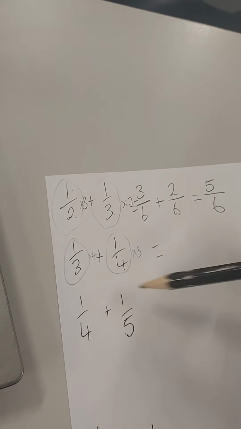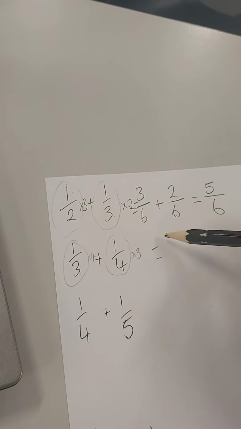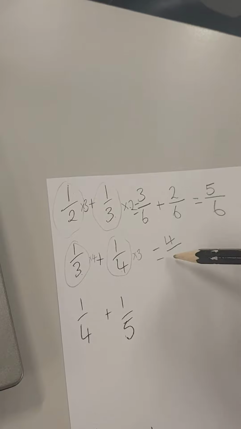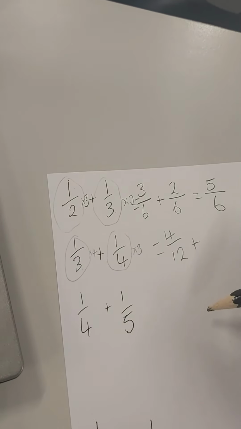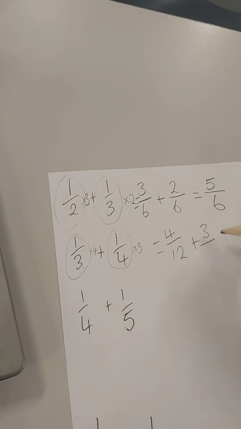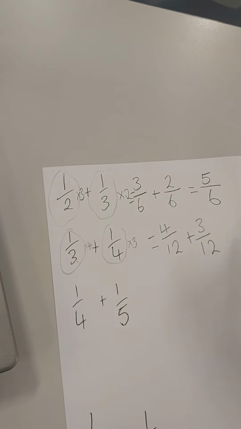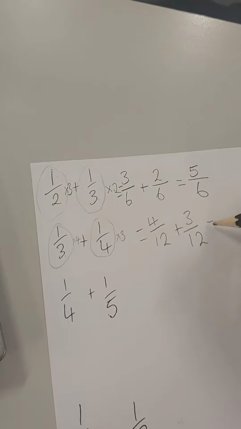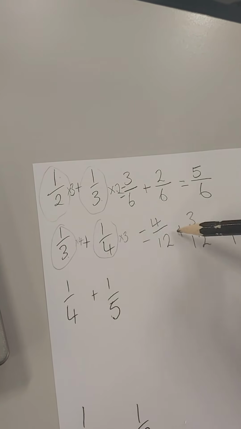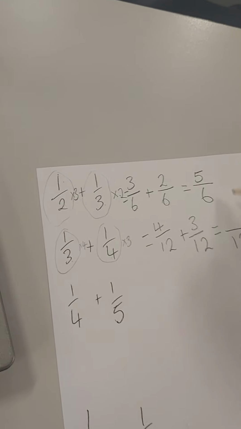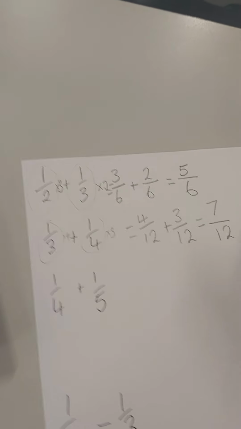So everything in here times by 4 leaves us with 4 over 12. And timesing everything on this side by 3 leaves us with 3 over 12. Again, this sum looks much easier, and we can all see it's going to be over 12, and 4 plus 3, 5, 6, 7. Okay, nice and easy.